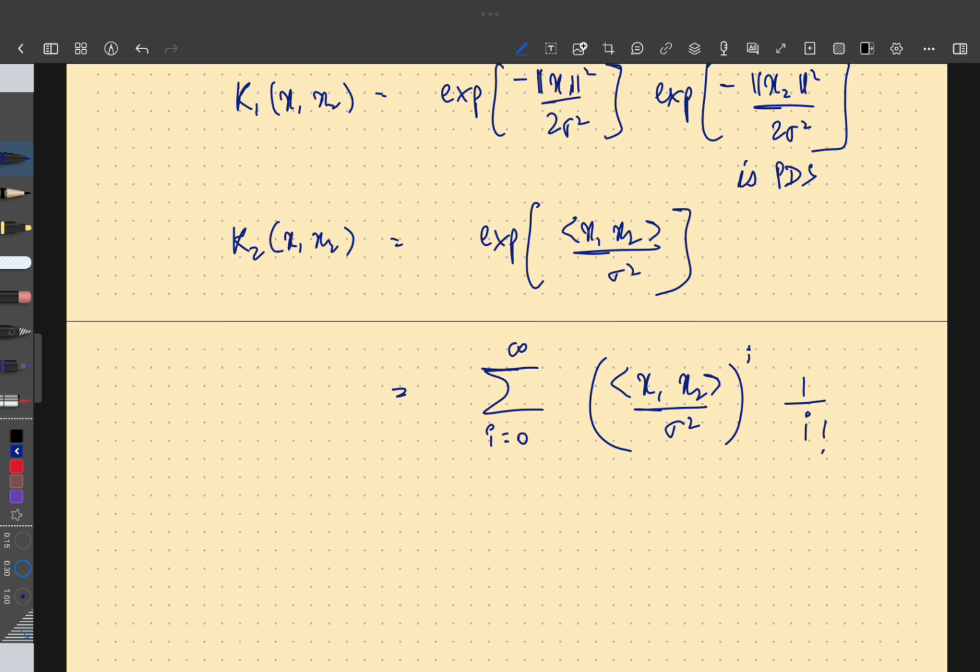All right. Is this PDS? Why? Right. Firstly, the inner product is PDS, and therefore its power is PDS. Anything raised to the power i is PDS. Any scalar multiple by a positive constant is also PDS. So each of these terms is PDS for every i, and this converges to a well-defined limit.